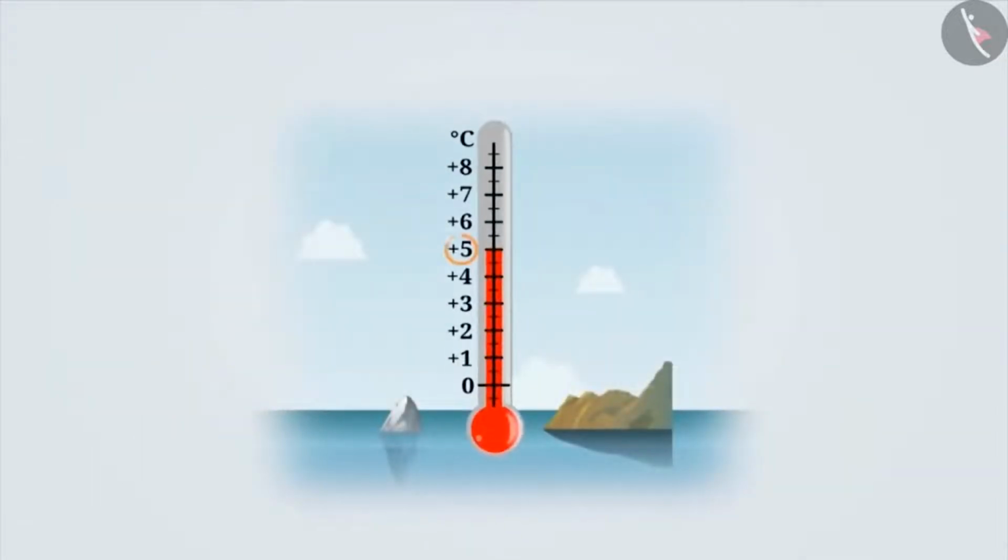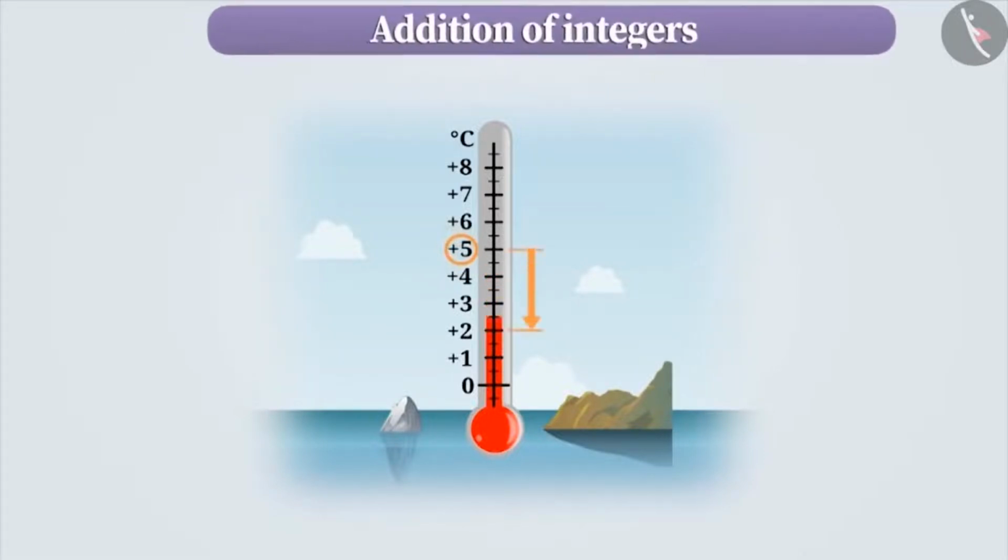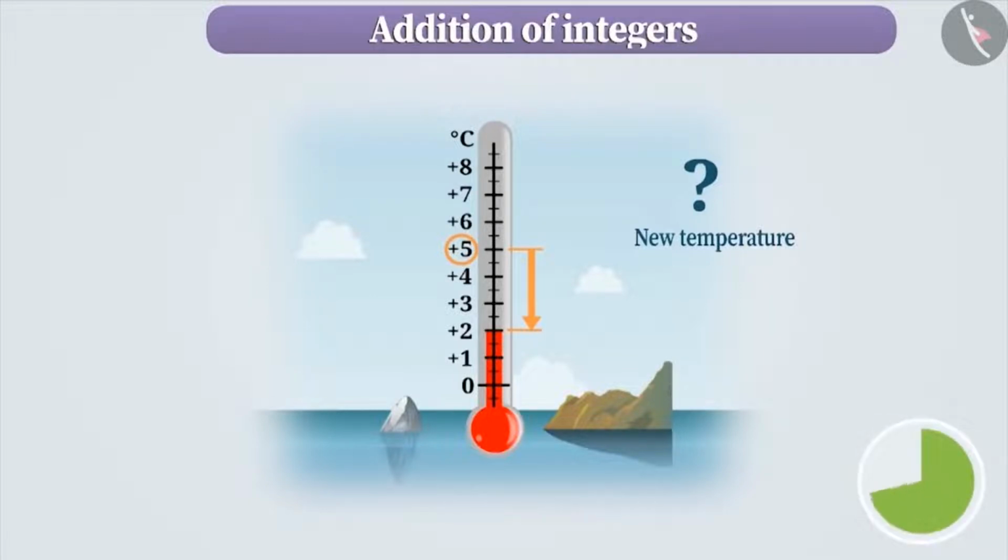Now let us suppose the temperature is plus 5 degrees centigrade and there is a change of minus 3 degrees centigrade in the temperature. So how will you find the new temperature? Think for a while. Let me tell you. It can be found by finding the value of plus 5 plus minus 3.